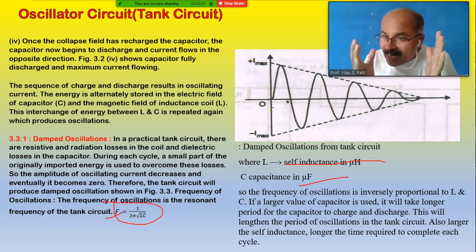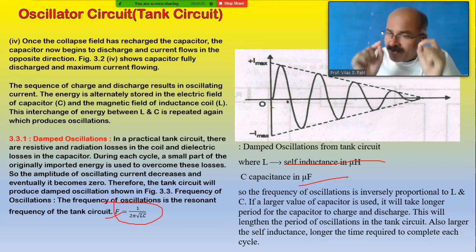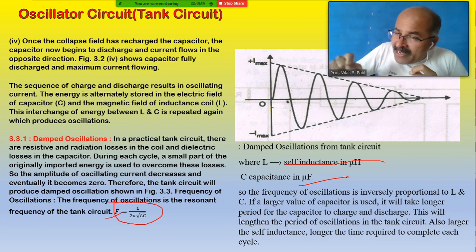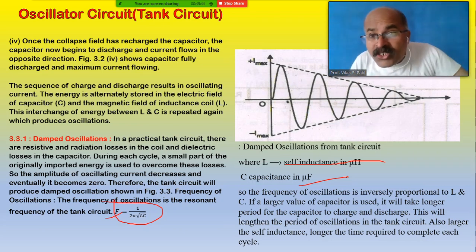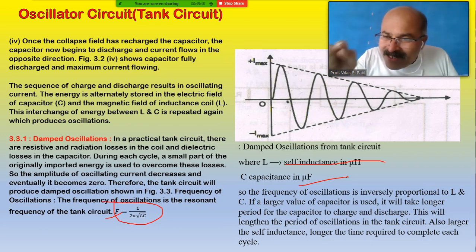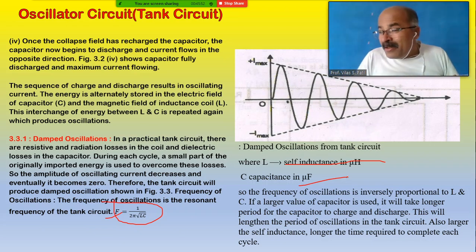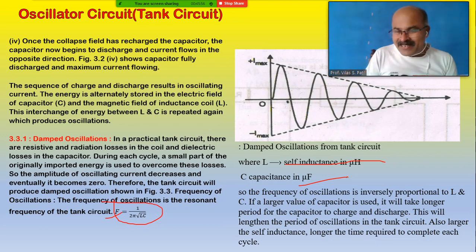Why is it known as a frequency determining circuit? Because by changing the value of the inductance as well as the capacitance, one can change the frequency of the tank circuit, that is, the frequency of the damped oscillatory output.